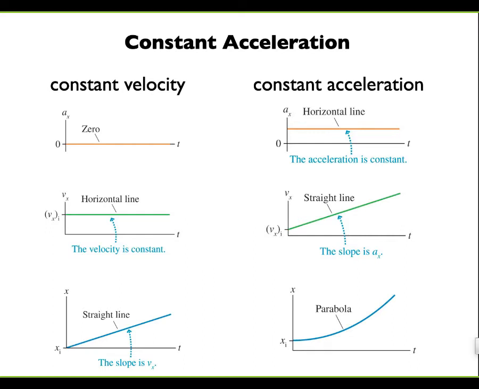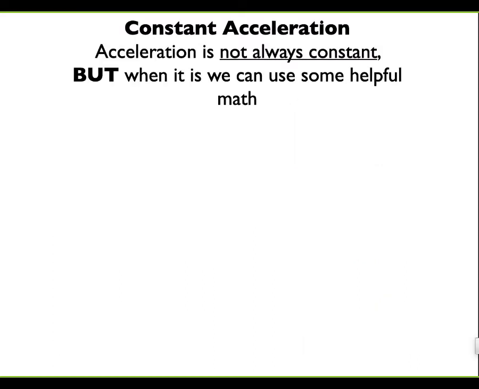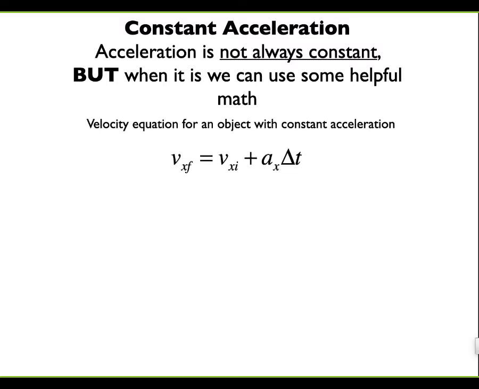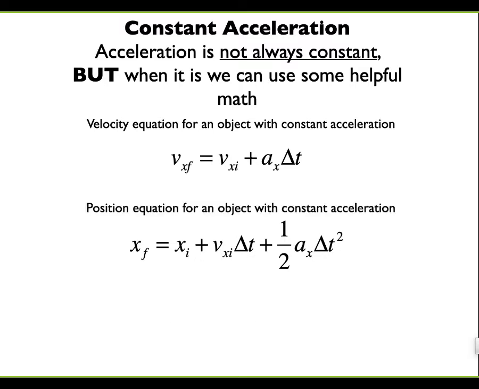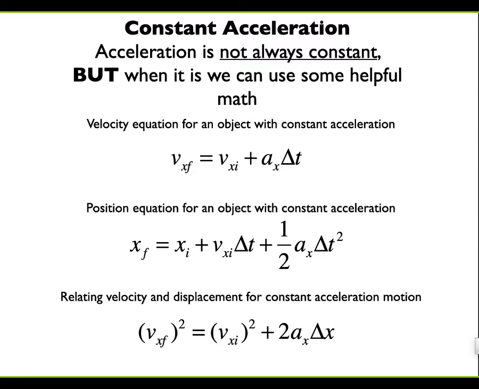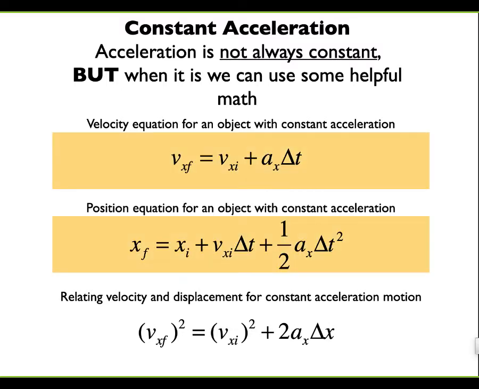Cool. So remember, constant acceleration is not always constant, so you have to pay attention to that. But when it is, you can derive these equations that we just went through. And this is just the one that comes from combining the other two. And these are our equations of motion, okay? They describe motion.